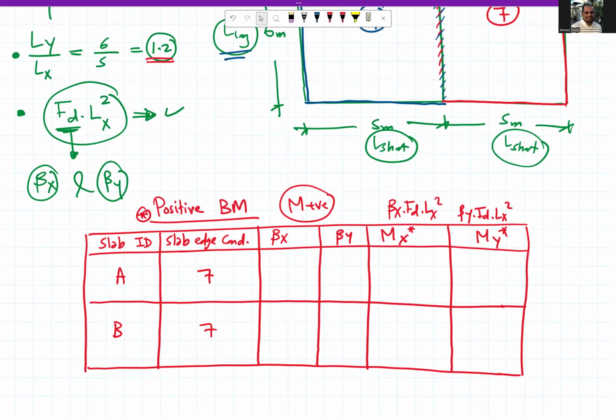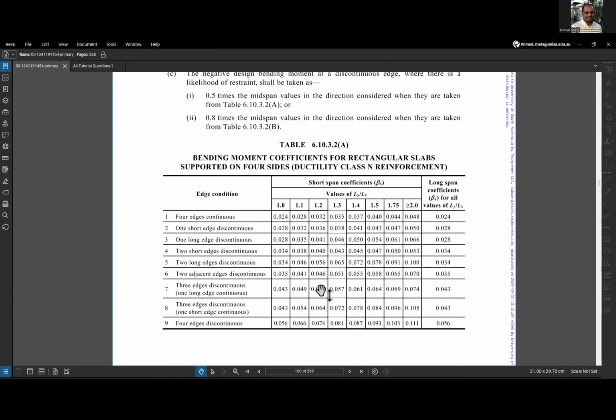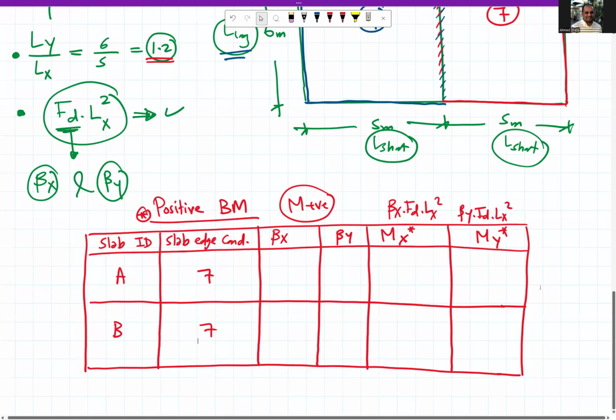If we go to the table again to find the factor, you will find that the factor for three edges, or number 7, at 1.2 is 0.053. So beta x for both of them is 0.053 and beta y is 0.043. So we go back. We have 0.053, 0.053, and 0.043, 0.043.